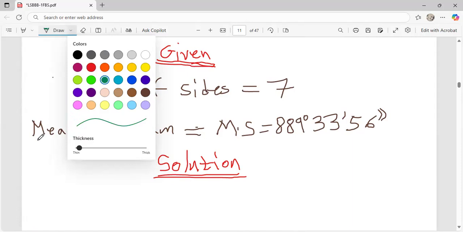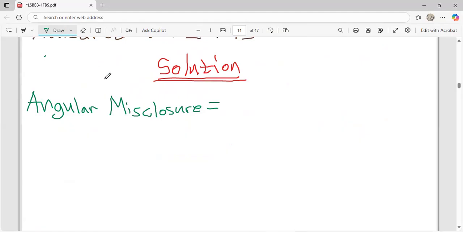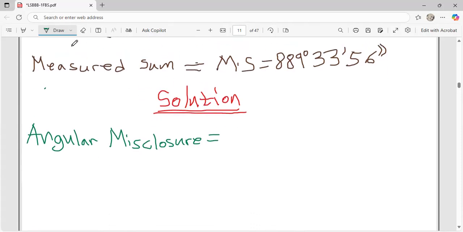But before then, we have to know the formula for our angular misclosure. We can say it's equal to the theoretical sum minus the measured sum.